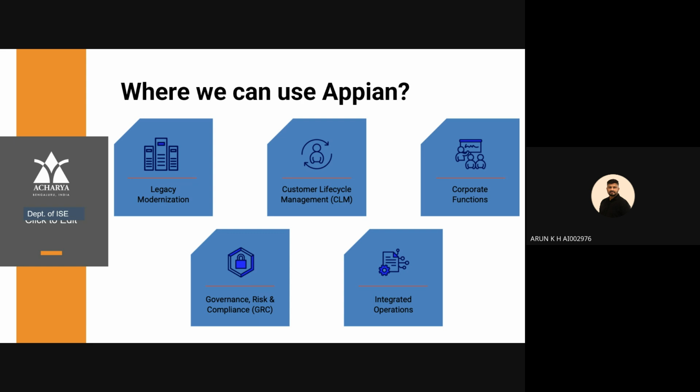So if we want to build such application which Bangalore one uses, Appian can help us to do that. Corporate functions, IT industries, HR and other things, people who need to do their daily in day out work, recruitment process, all those things can be easily implemented by using Appian.